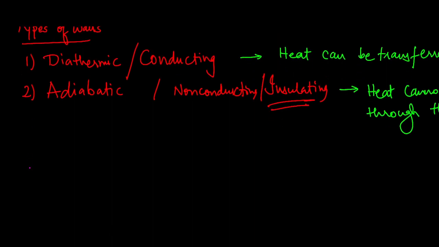Okay, next thing. So these are types of walls. Now properties. There are two types, which come in your chemistry: intrinsic and extrinsic.